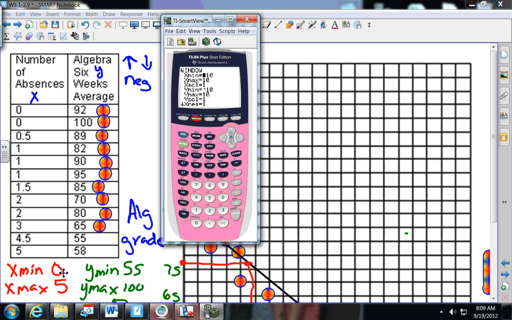X minimum. Technically, to be better on your graphing, instead of putting the exact smallest number, give me a number that's smaller than 0. 0.5 is smaller than 0. Negative 0.5 or even negative 1. Let me just put in negative 1.